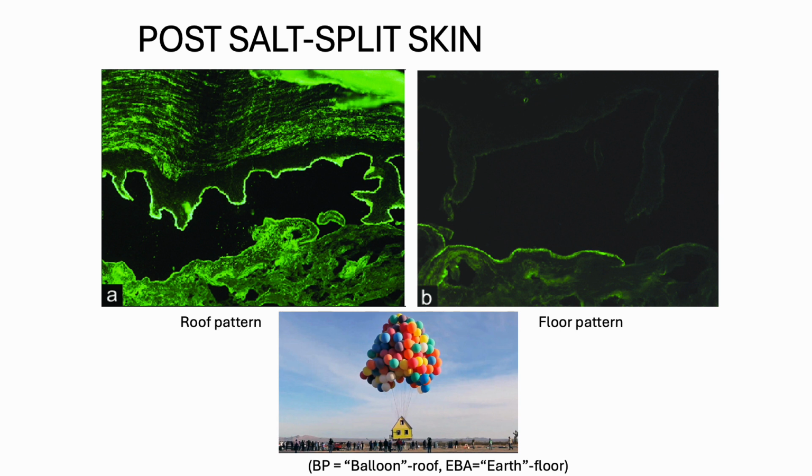When we have a roof pattern, meaning the BP230 on the roof, that is compatible with BP. In contrast, in this picture, if you have a floor pattern, it means the antibodies are probably targeting those fibrils, which is more compatible with EBA. That is a very unique and diagnostic finding of the salt split skin test.